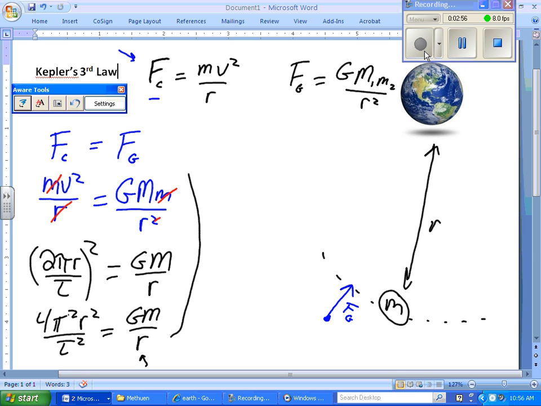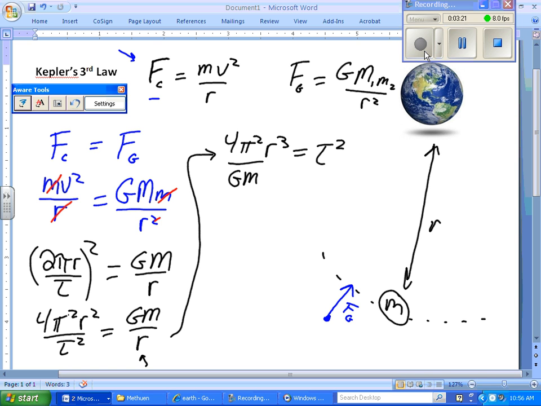And I'm just going to bring my work over here because I ran out of space. So I can say 4 pi squared r cubed divided by GM equals tau squared.